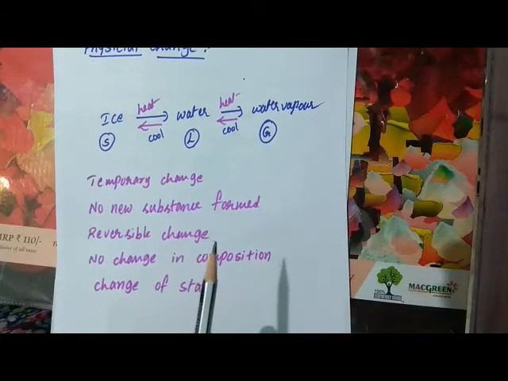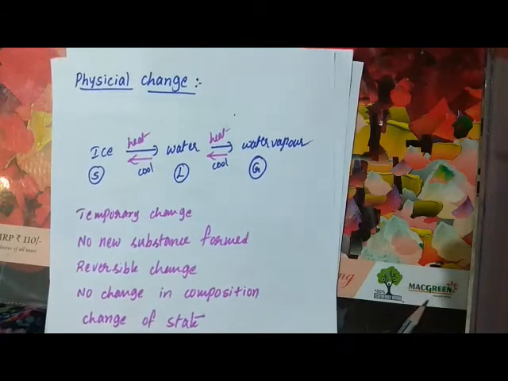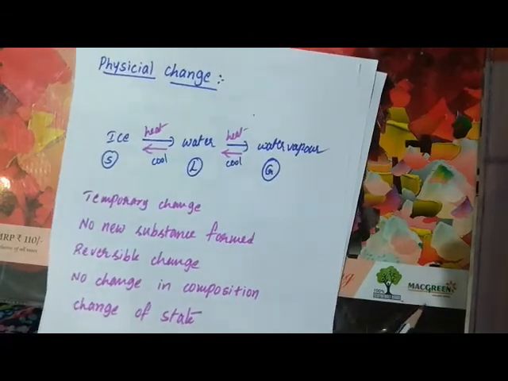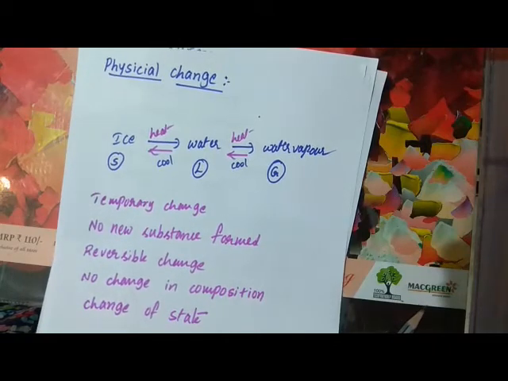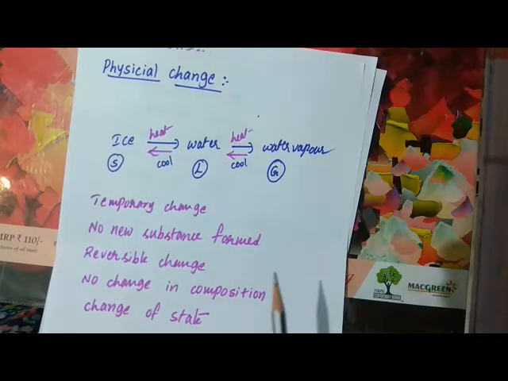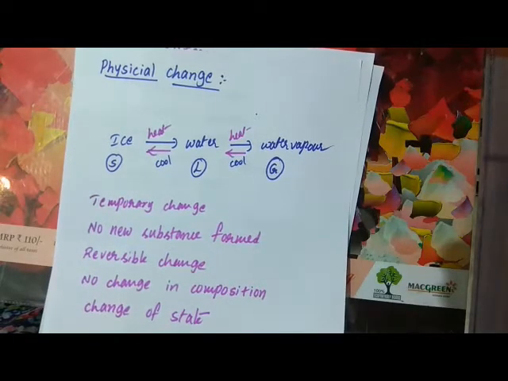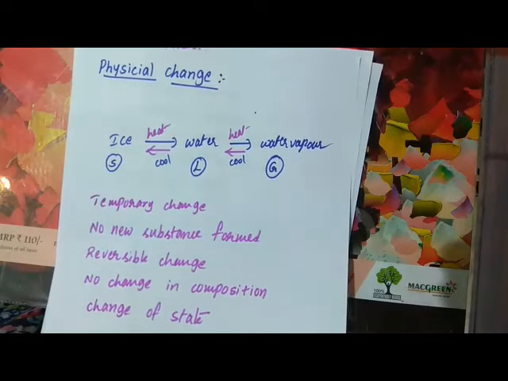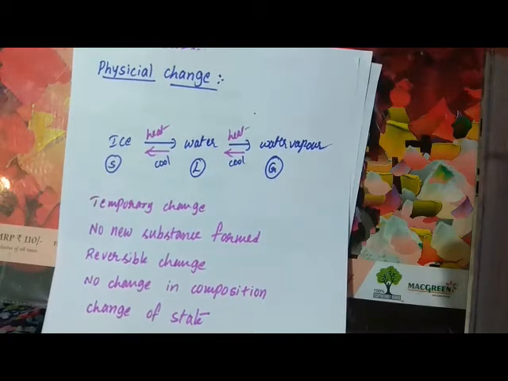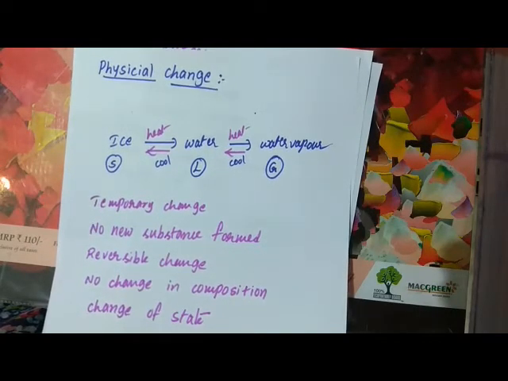In physical change, what will happen, no new substance is formed. The same substance, for example, ice to water, water to water vapor. If you take some amount of ice in a container, otherwise in a vessel, just supply heat.